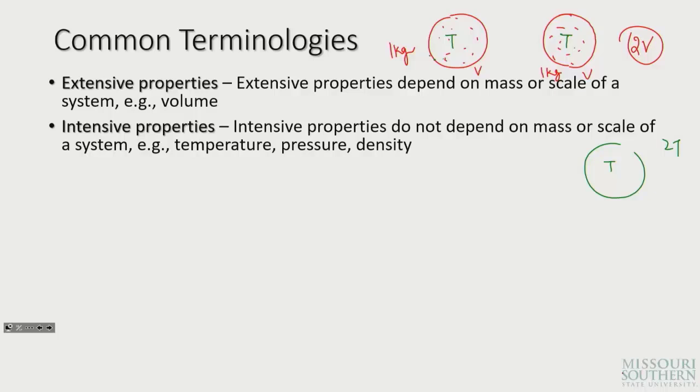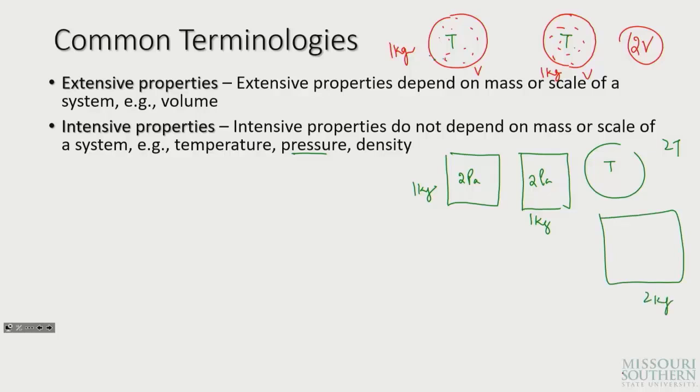Okay. Another example is pressure. So for example, the pressure of 1 kilogram of sample is, let's say, 2 pascals, and you have another 1 kilogram of a substance that has the same pressure, 2 pascals. Now if you add these two, if you increase the scale or the mass, you now have 2 kilograms. You also increase the volume, but you will still have the same pressure. Okay, so pressure is an intensive property. You do not increase the pressure by adding mass.